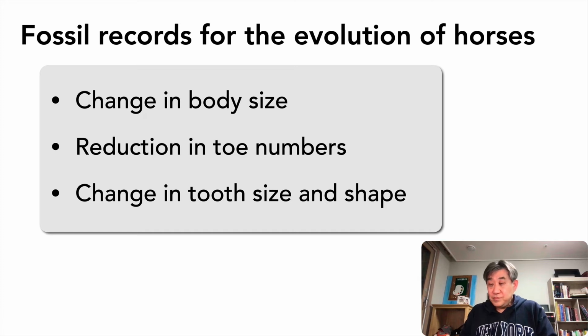So, the last commentary about the fossil record is about the evolution of the horse, based upon the fossil record of the ancient common ancestral form of a horse.